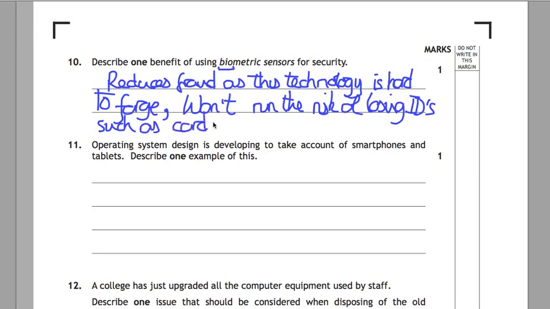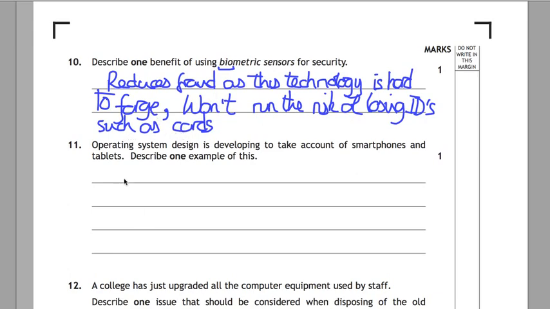So just think about, you can't really forge a fingerprint. If you can't forge something, like you can forge money, and you can forge credit cards, but if you can't forge fingerprints or retinas, you're reducing the chance of somebody committing fraud. You're not going to forget your fingerprints, so you're not going to be losing your fingerprints, just like you can lose your cards as well.